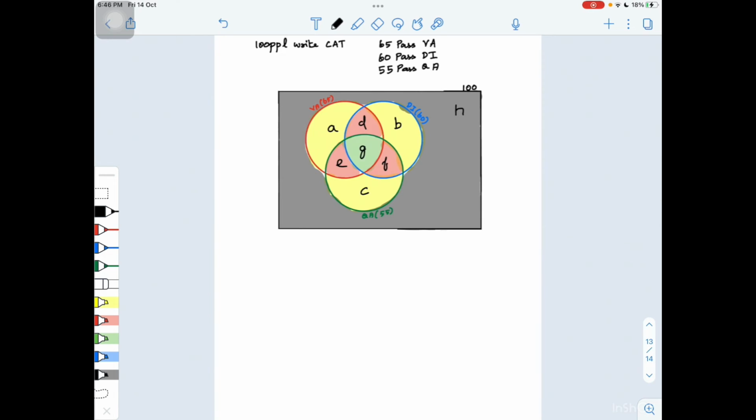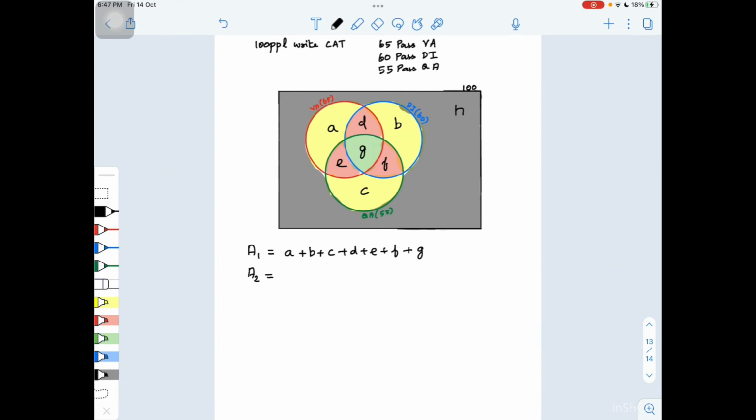Now, what can I say about people who belong to at least one circle? People who belong to at least one circle are A plus B plus C plus D plus E plus F plus G. What can I say about people belonging to at least 2 circles?